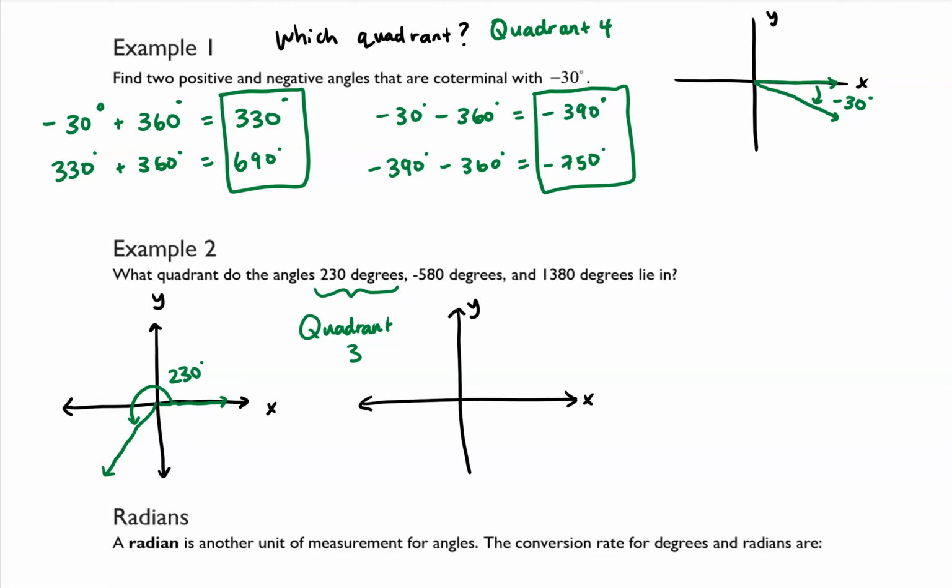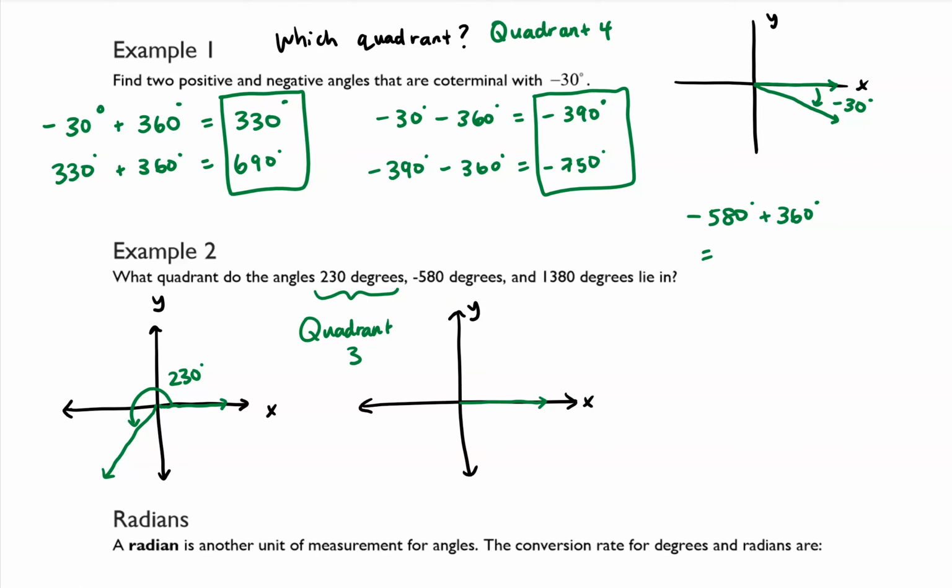All right, so let's go ahead and graph the next one to help us figure out negative 580. So there's my y-axis, there's my x-axis. Okay, so I think it would be helpful for us to think of this in terms of coterminal angles, because if I took negative 580 degrees and added 360 degrees to it, that would be a more digestible number.